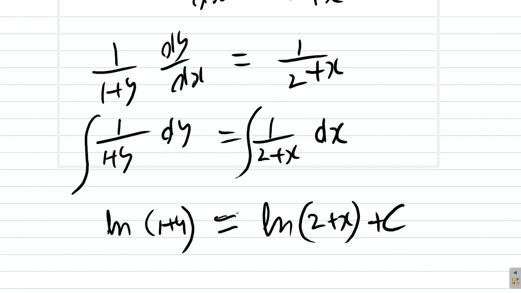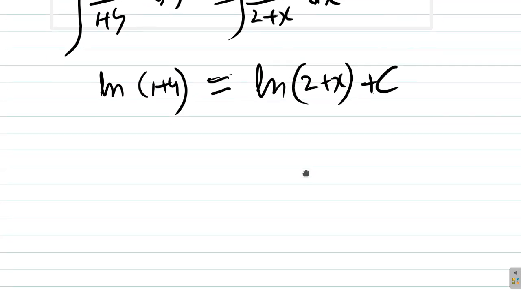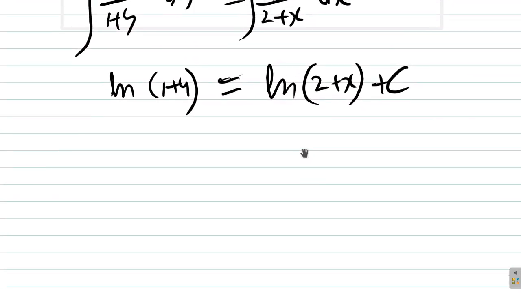Now the thing is, looking at this, you can write it in a more convenient form. Let's say the constant c is the ln of some other constant. So you ln a number to get c.